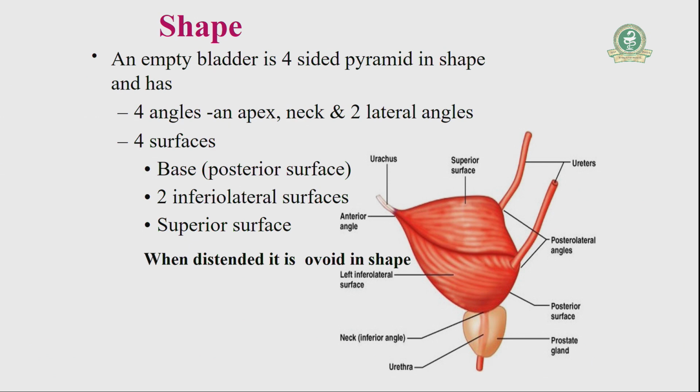Shape. The empty bladder is a four-sided pyramid in shape and has 4 angles: an apex, neck, and 2 lateral angles. It has 4 surfaces: base, posterior base, 2 inferior surfaces, and superior surface.